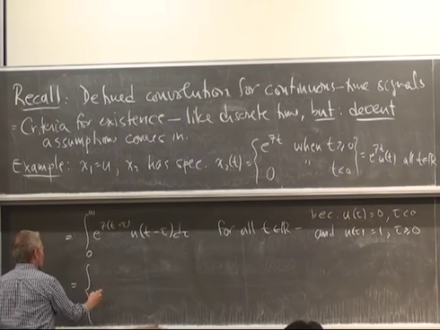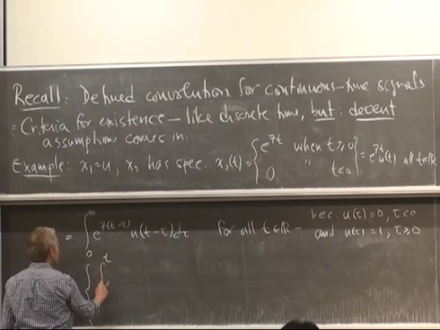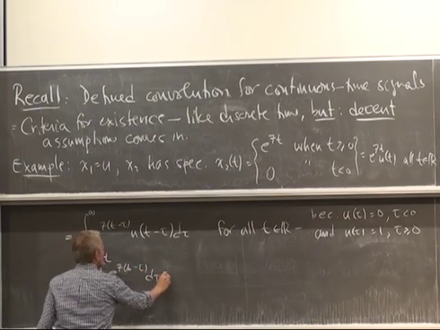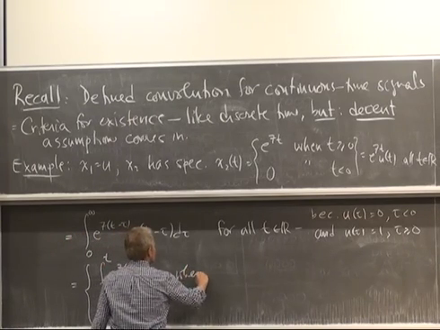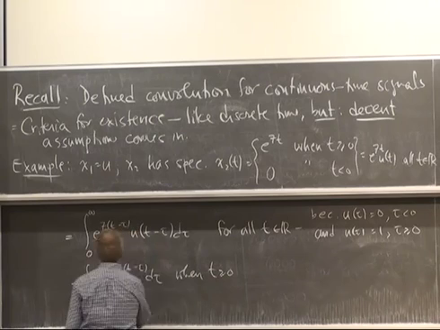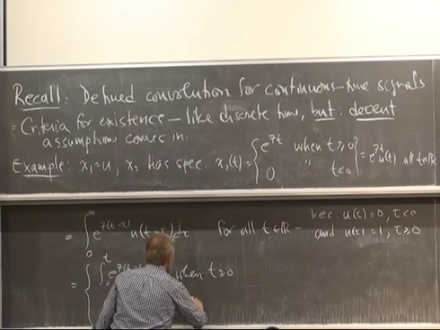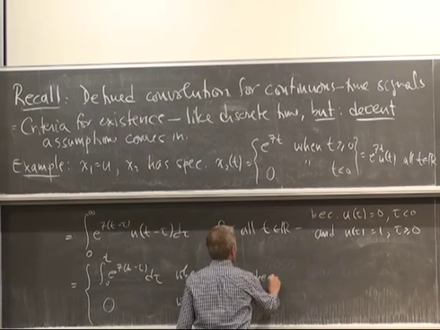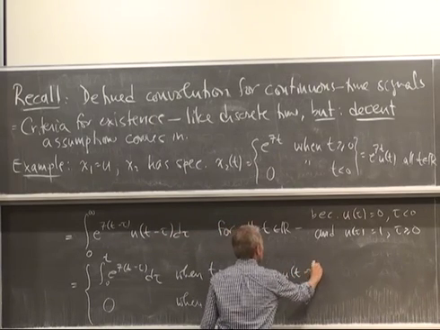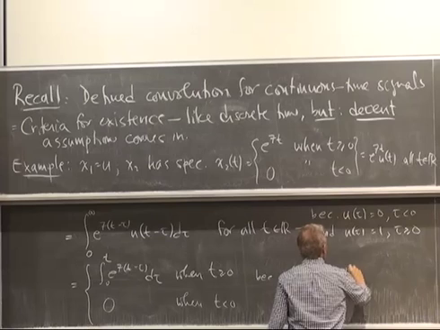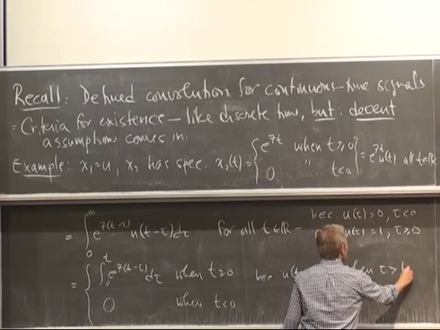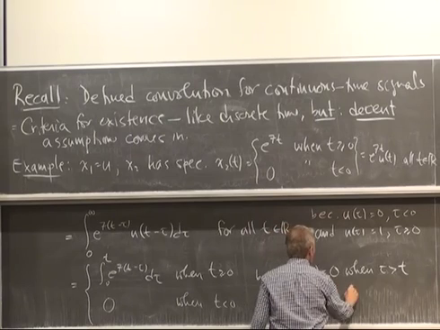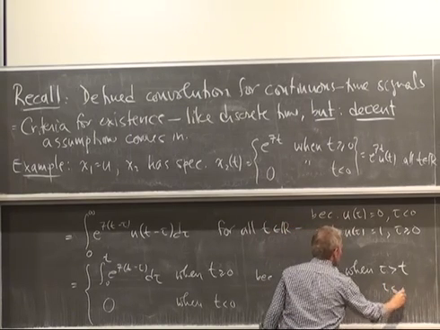And that's why it breaks into two cases. The two cases are the integral from 0 to t of e to the 7 times (t minus tau) d tau, and that's when t is bigger than or equal to 0, and 0 when t is less than 0. And this is because u of t minus tau is equal to 0 when tau is bigger than t, and u of t minus tau is equal to 1 when tau is less than or equal to t.